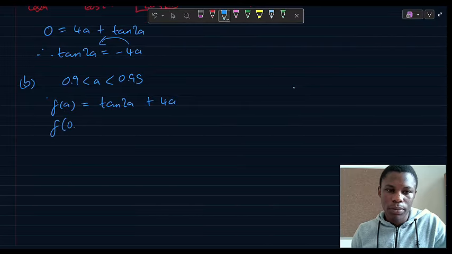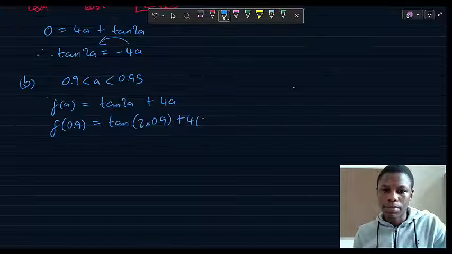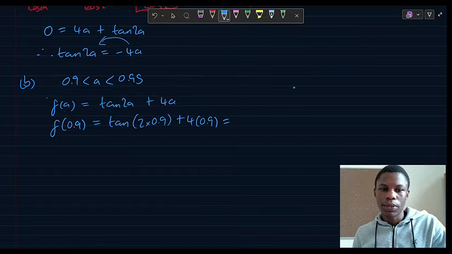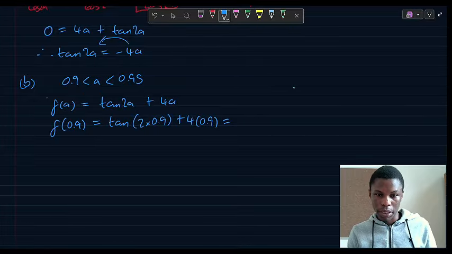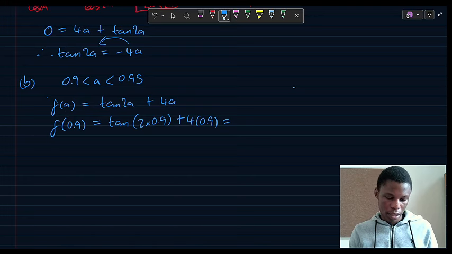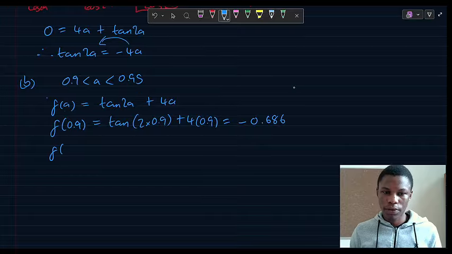So f of 0.9 is going to be tan 2 times 0.9 plus 4 times 0.9, and this gives us negative 0.86. Let's do f of 0.95.